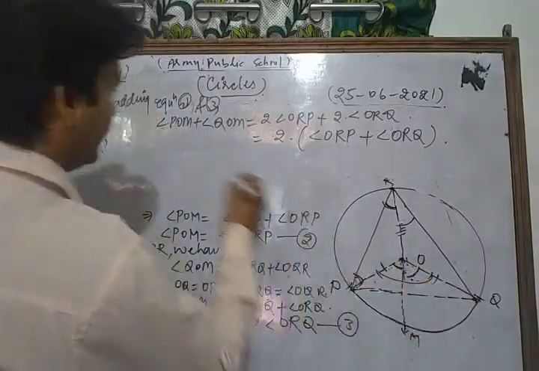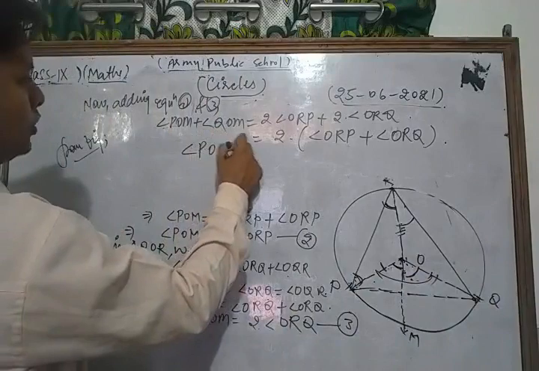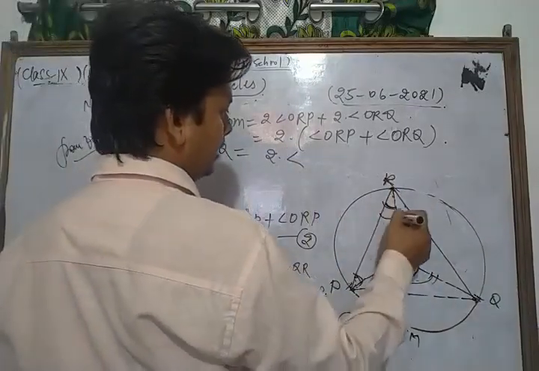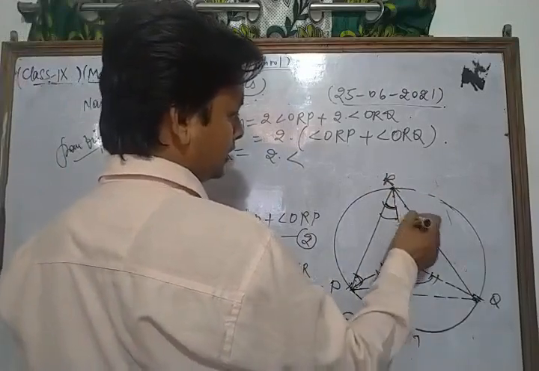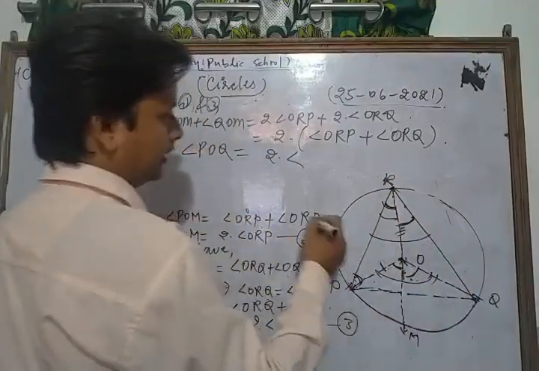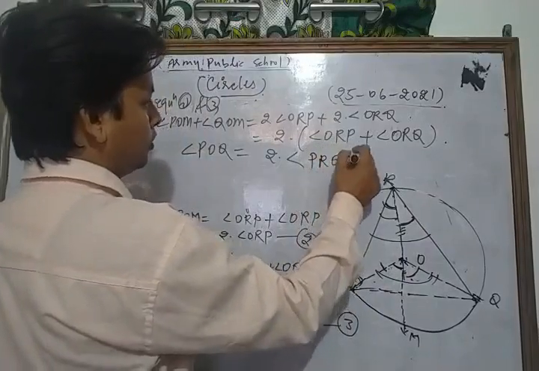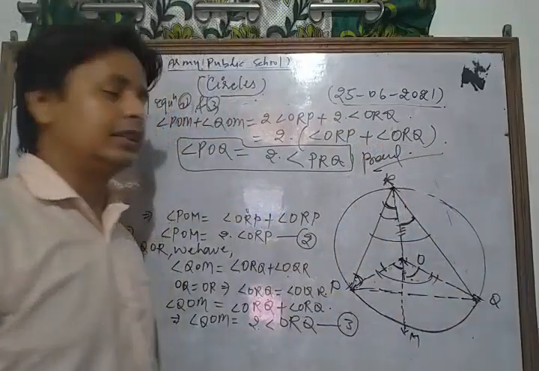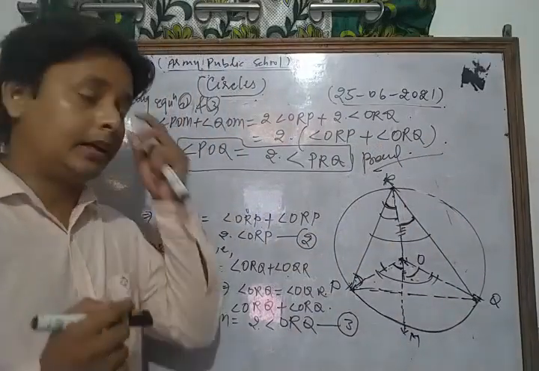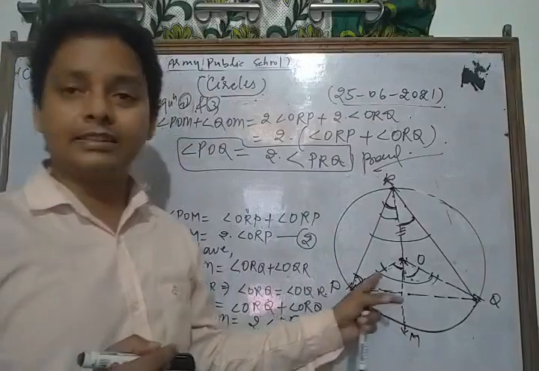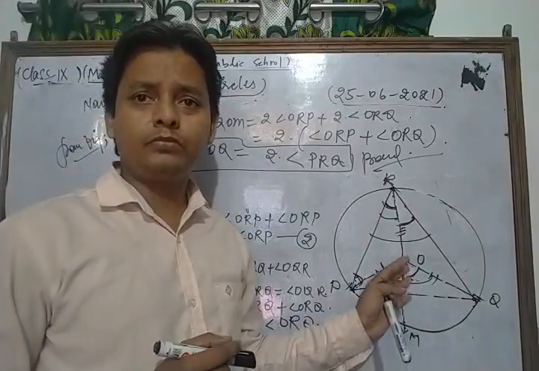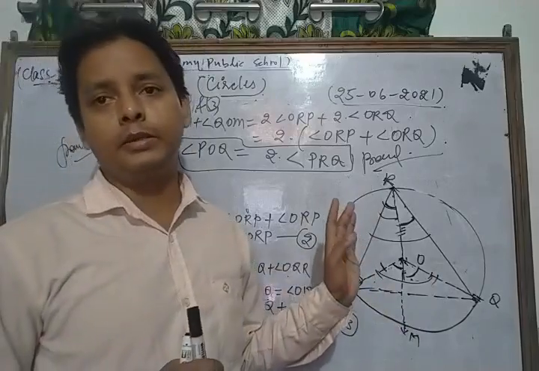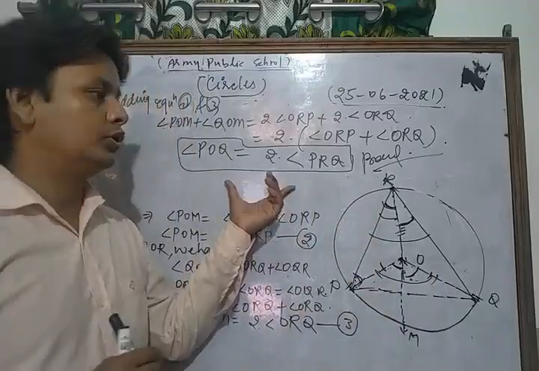The sum of these two angles gives angle POQ equal to 2 times the sum of ORP and ORQ, which is angle PRQ. Hence proved. Thus, the angle subtended by an arc at the center of the circle is double the angle subtended by that arc at any point on the remaining part of the circle. So in this way you can prove that theorem.